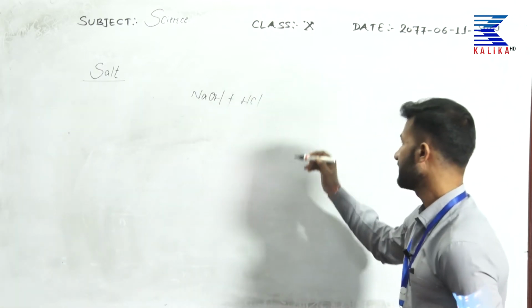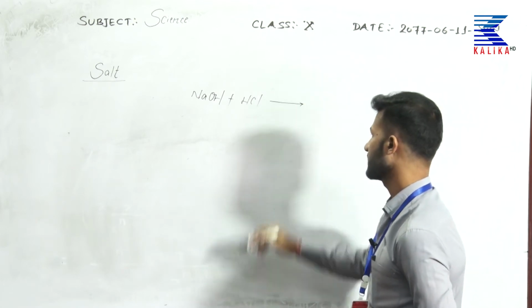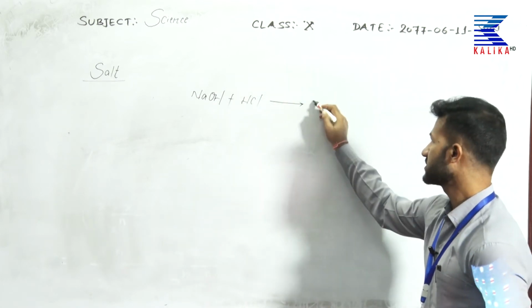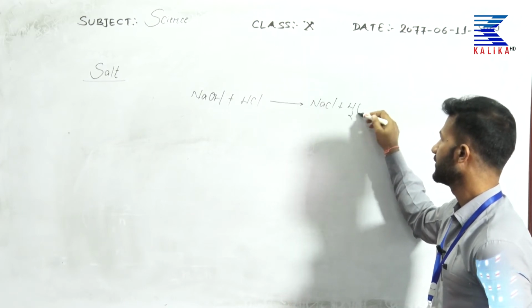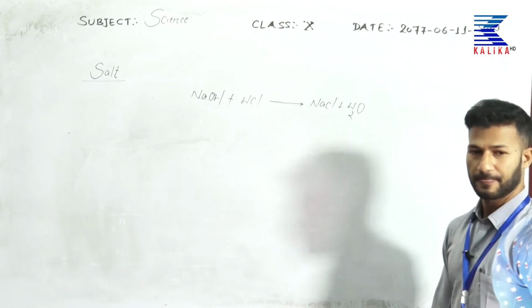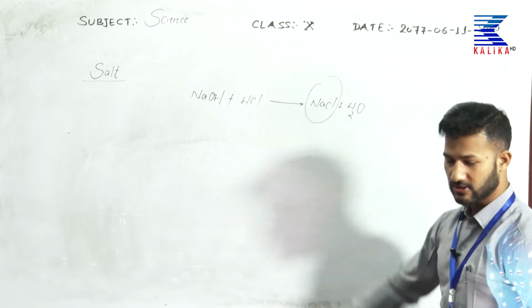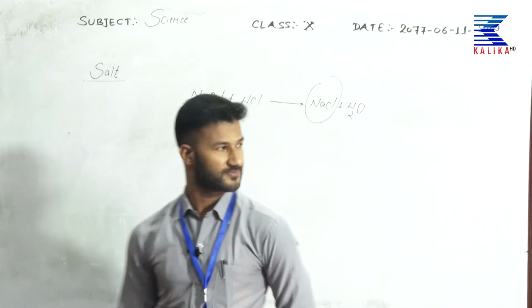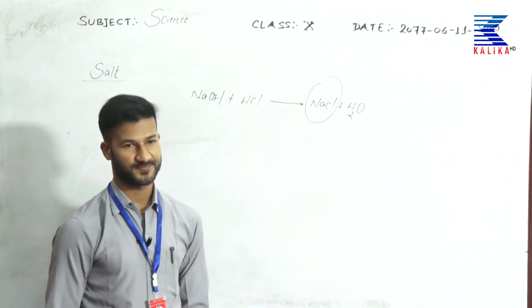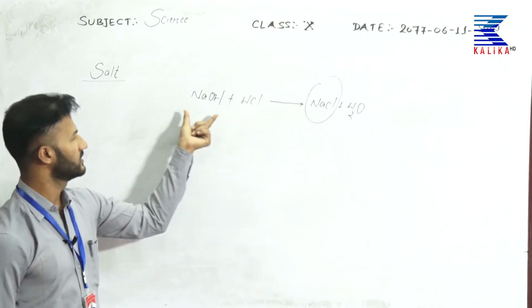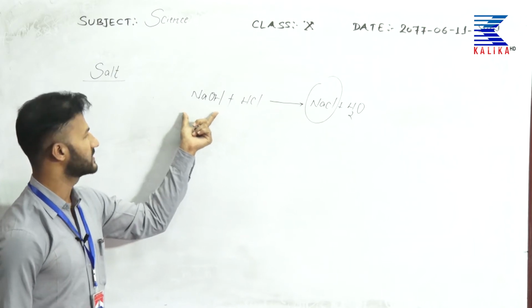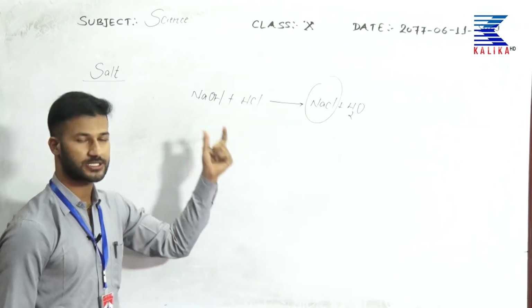Whenever these two chemical reagents are reacted together, it forms NaCl plus H2O. Look at this chemical reaction. Here it is called salt. This means we get salt by reacting base and acid together.